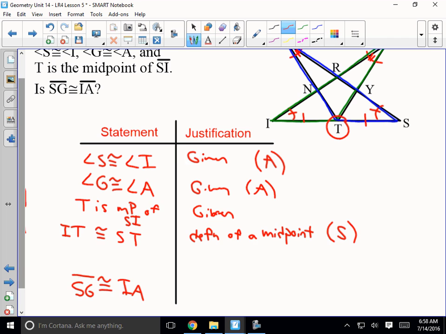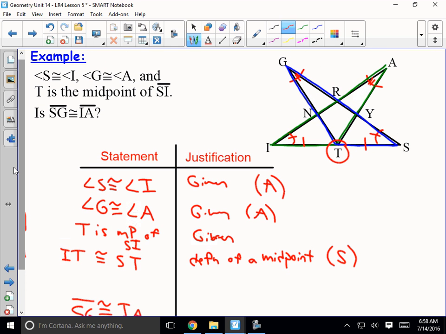So if we work around our triangles, do we have enough to build a congruent statement about these two triangles? If I look at what I have, I've got an angle and a side. And remember, you can't skip over more than one piece.